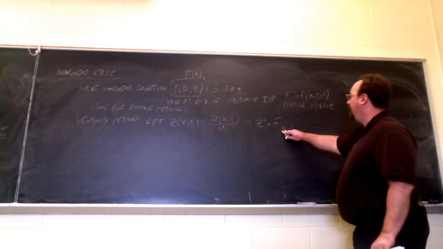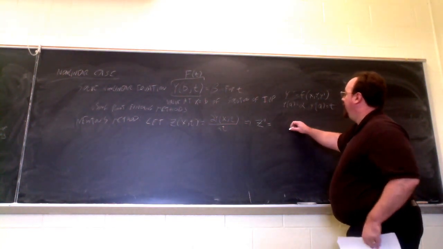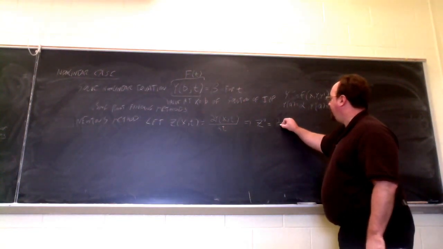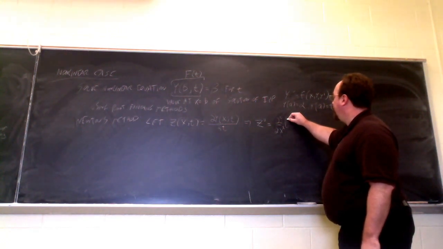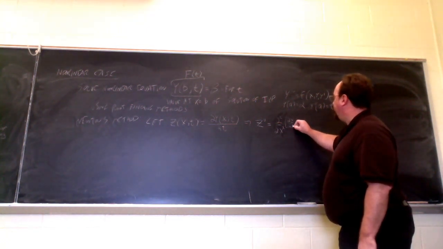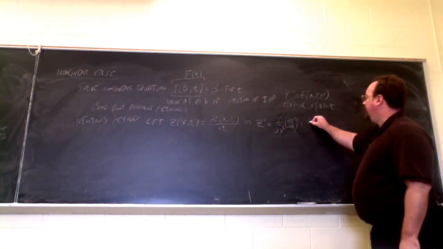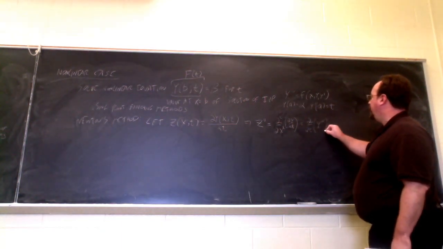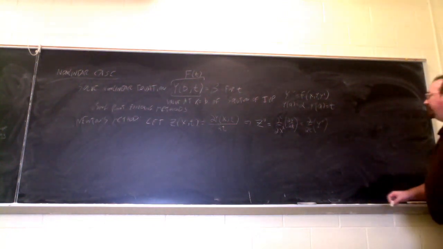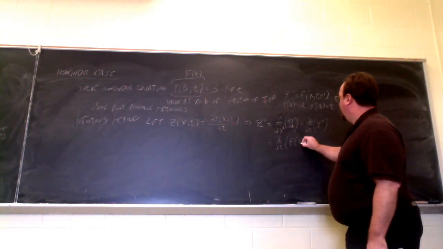So this is the second derivative with respect to x of the partial of y with respect to t. But I can rearrange this. This is the same as the derivative with respect to t of y double prime, which is f of x, y, y prime. And y double prime is this.